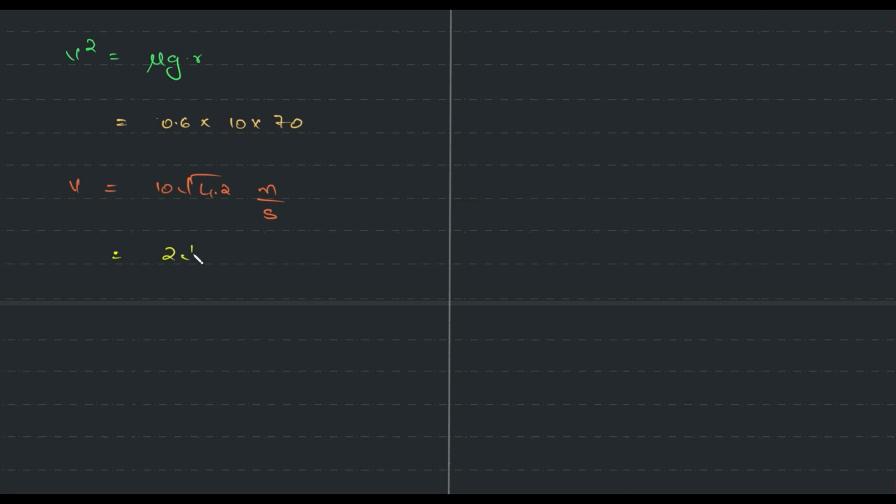It's supposed to be 2 root 105 meters per second. You'll end up writing it this way, or if you have a calculator and you're allowed to use it, then you have a different representation, same answer though. So that is the speed at which you can go without skidding. You can write the statement: speed without skidding is 2 root 105 meters per second.